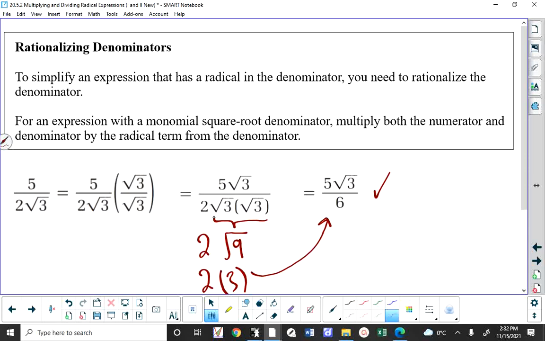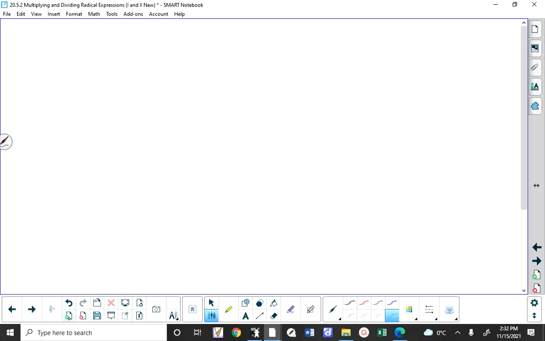Can you confirm that on your calculator? Can you take the square root of 3 times the square root of 3 for me, please? Yes?